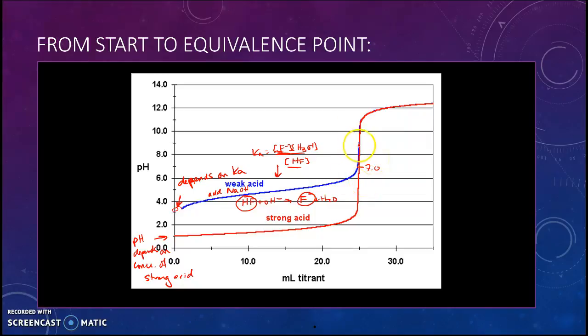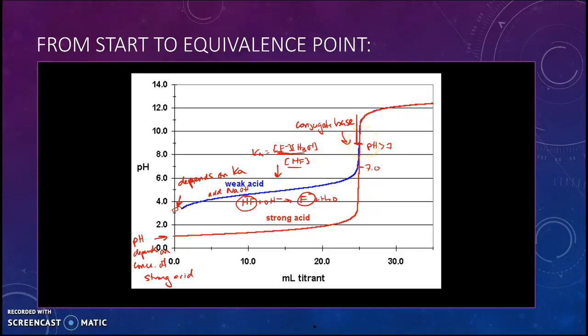Now, at the weak acid, what I have at this equivalence point, which would be the midpoint, is a pH, let's just say, greater than 7. And why is that? Because at this point, for a weak acid, I have just the conjugate base. So when I've neutralized all the HF and I have just the conjugate base, at this point the pH will be due to the pH of a solution of fluoride ion.